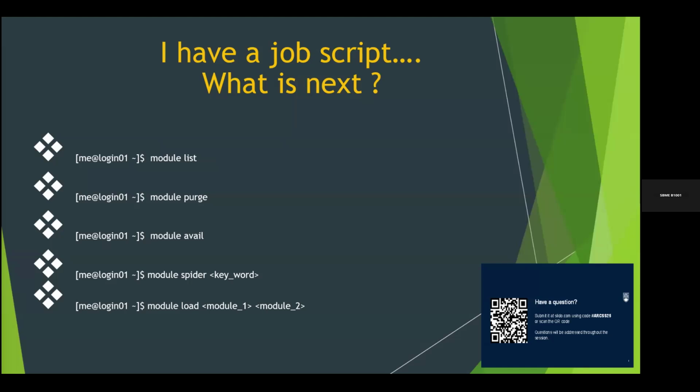So when you log into, let's say, Graham or any system within the Alliance universe and type module list, you will get the list of modules which are already preloaded for you. Okay, and if you would like to clean your environment, you can always use the command module purge. It will purge all your modules, and module list will then show that nothing is loaded, okay?